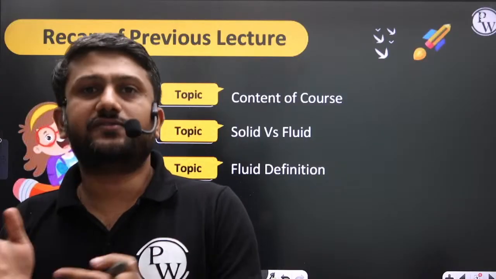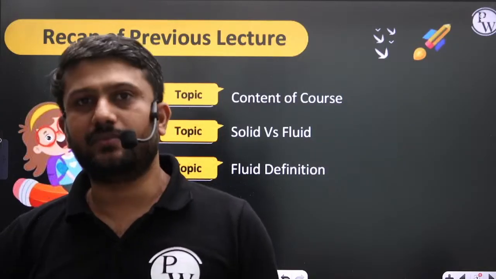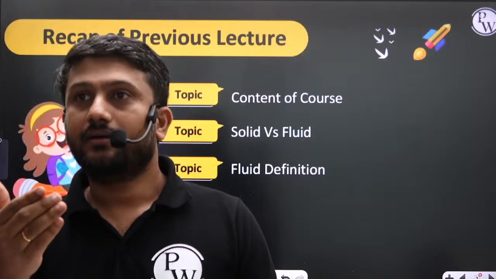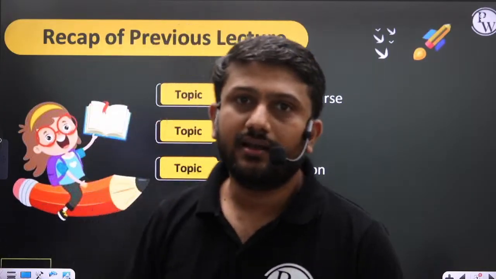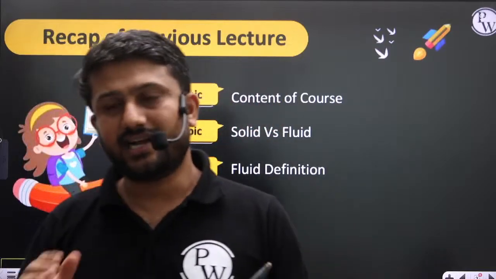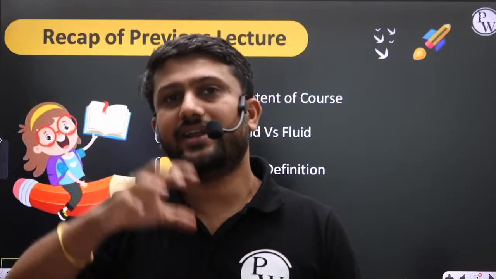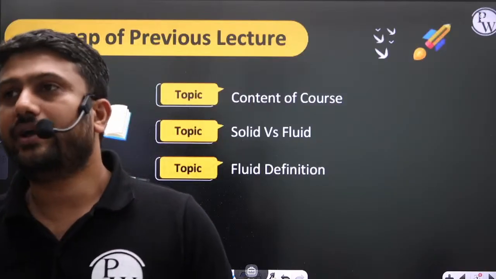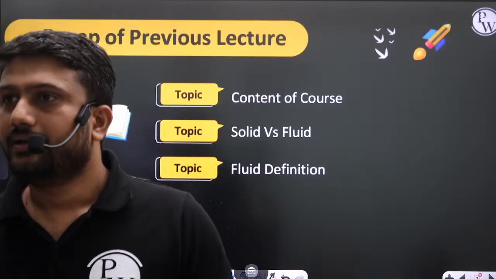The shear force may be as small as possible, but you still get continuous deformation, and this continuous deformation is called flow. In liquids and gases this continuous deformation occurs, and that's why liquids and gases are considered fluids. So beta, I hope that till this point it is clear to everyone, right?